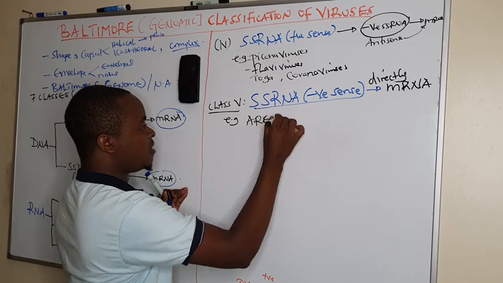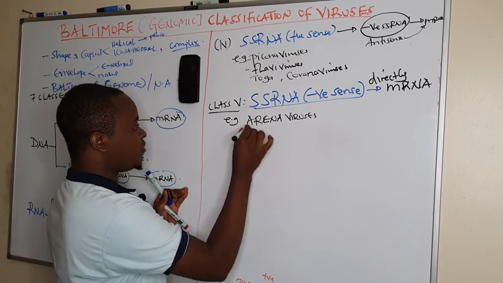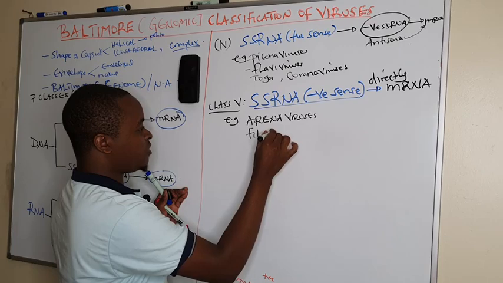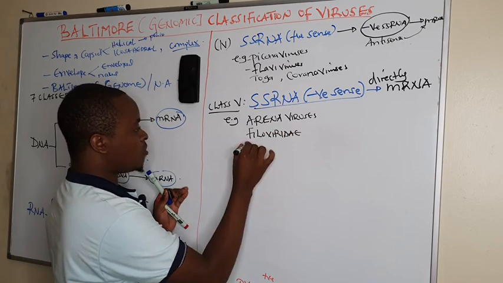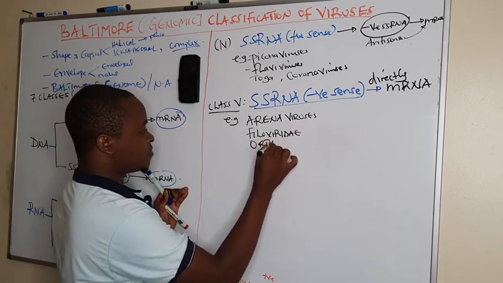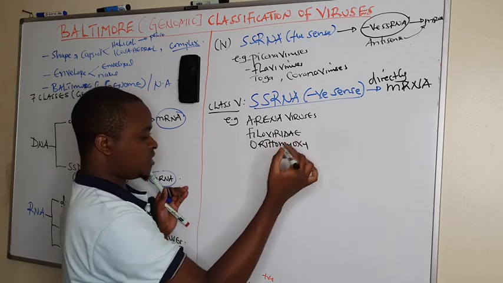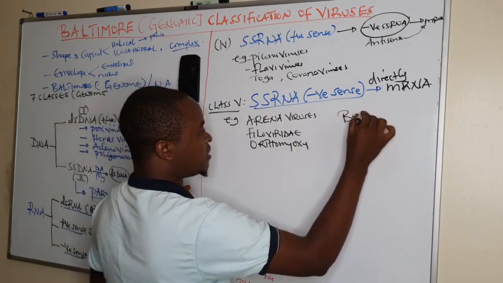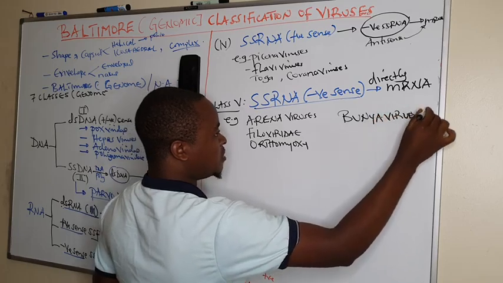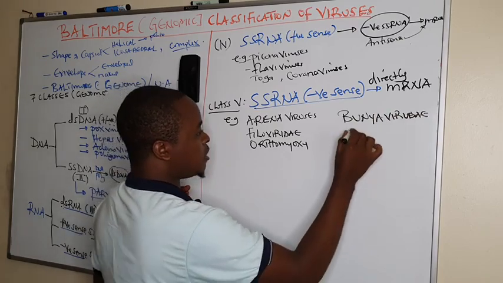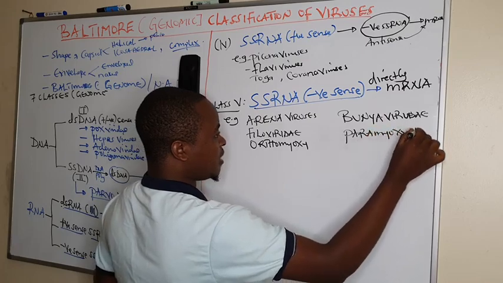We include arenaviruses. We include the retroviruses. It includes orthomyxoviruses. We find there bunyaviruses, or what we call bunyaviridae viruses, and lastly paramyxoviruses.